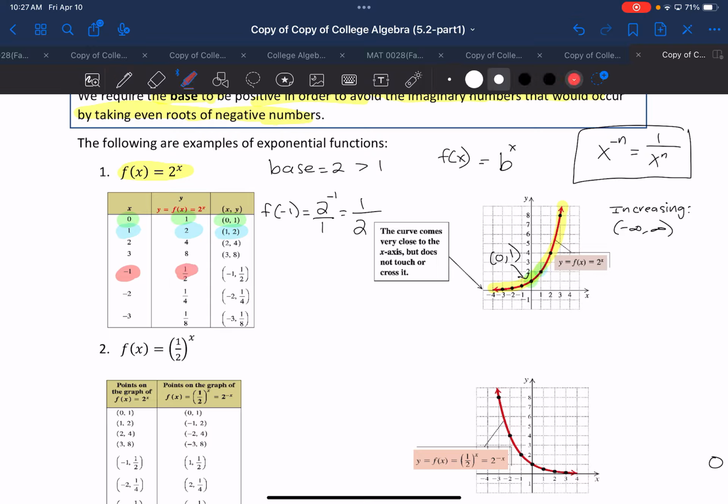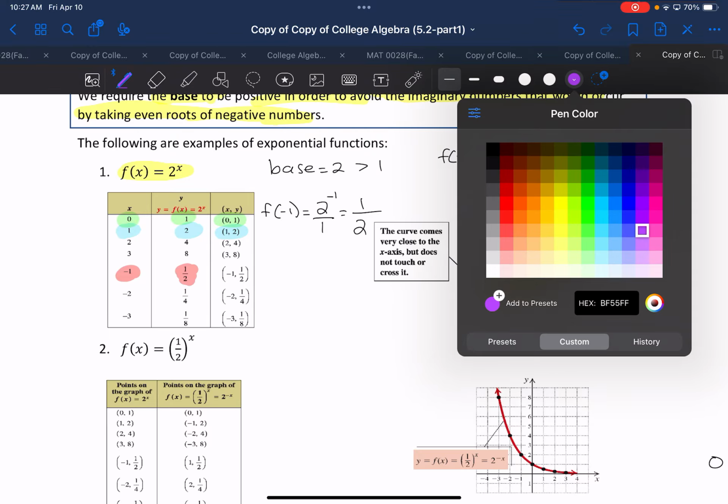So that's how they found 1/2 there. And that point would be right here, (-1, 1/2). Okay, so that's just finding additional points other than (0, 1), because they'll all go through (0, 1), which we're going to see as I continue here.